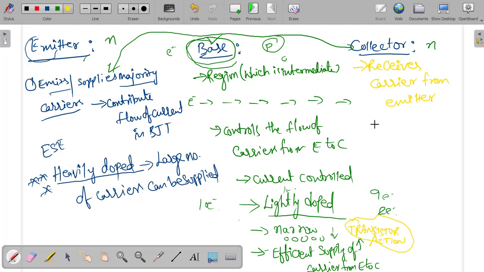To receive, it should not be lightly doped; it should receive maximum carriers but not supply carriers. So it should be moderately doped. Remember, your collector should always be moderately doped.